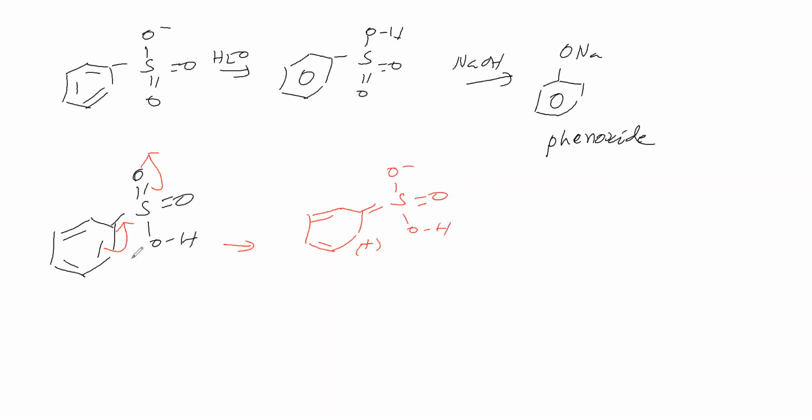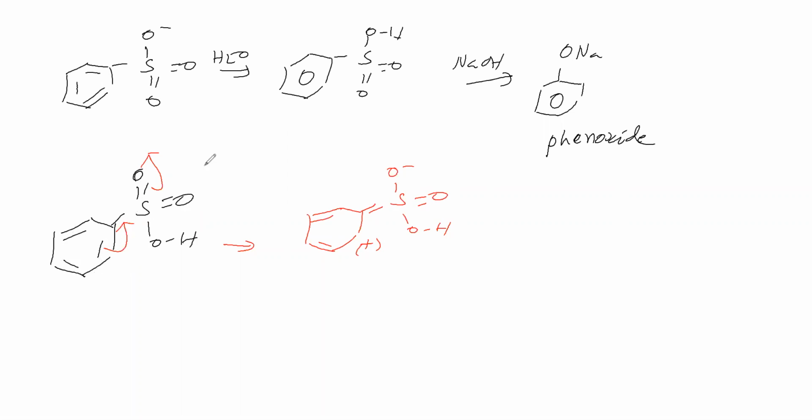That means this sulfonic group is acting as an electron withdrawing group, making electron deficiency in the phenyl ring.